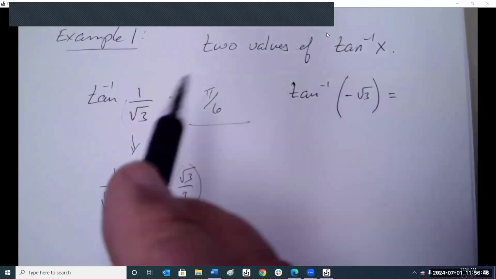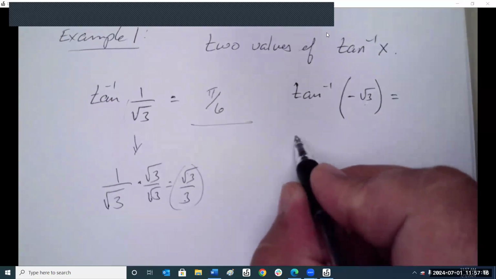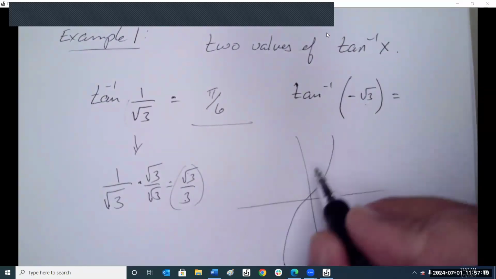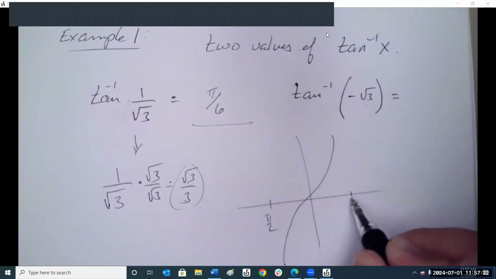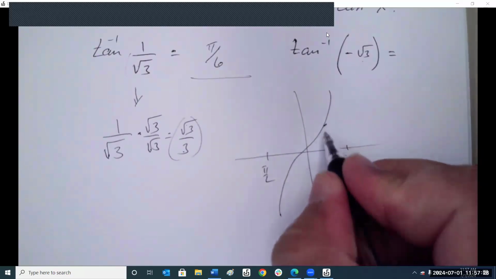What about this one? What's the difference between this one and this one? We see from the graph of tangent that the function is symmetric about the origin.